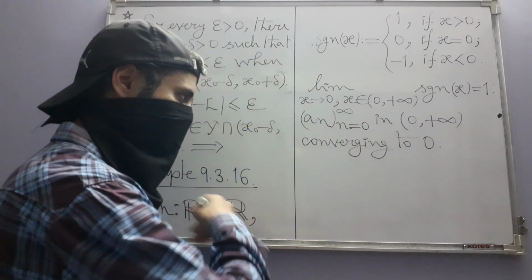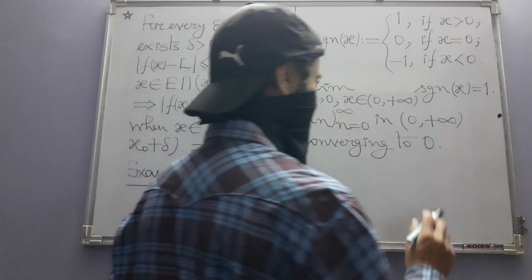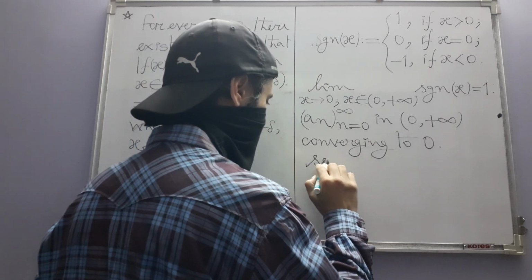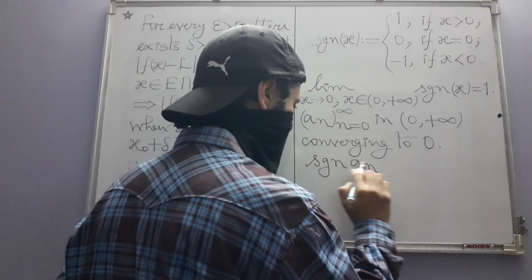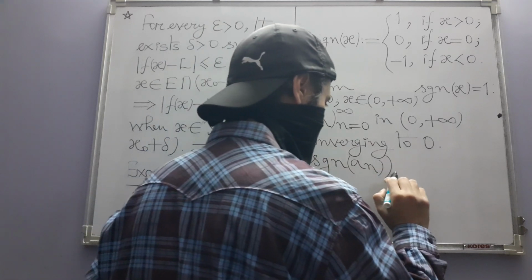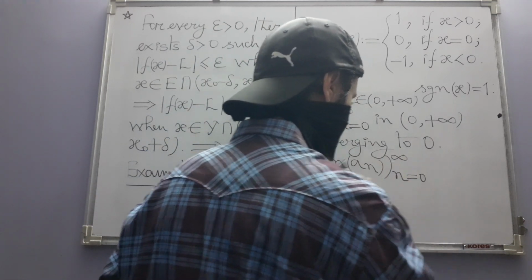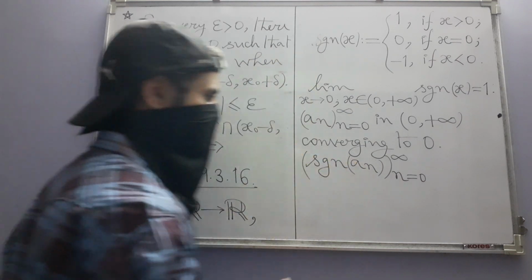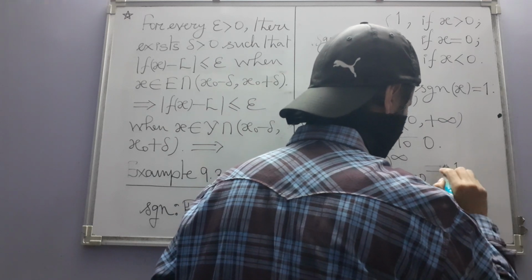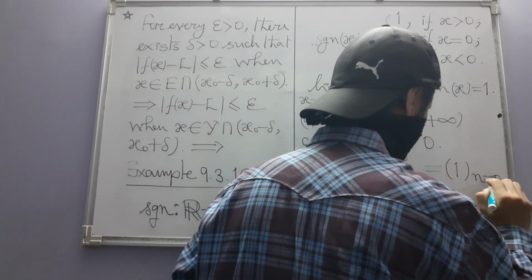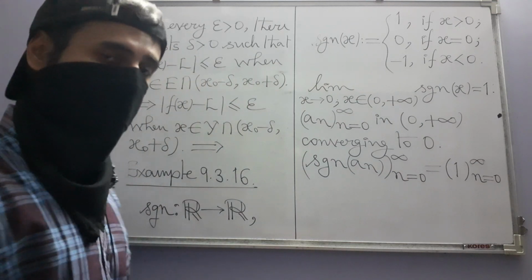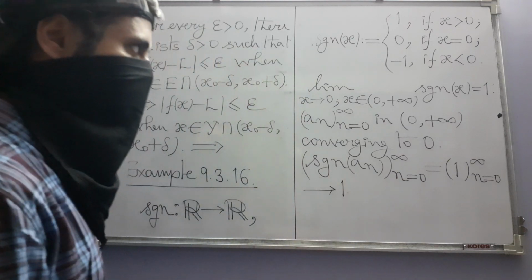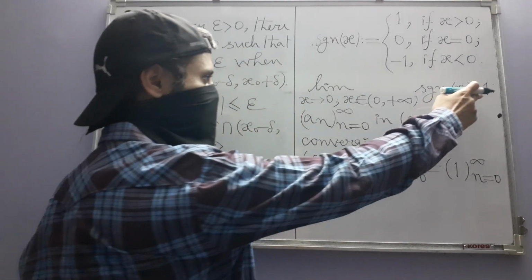But there will be many such sequences. Now what about this sequence? Because all the an are positive, this sequence will be the constant sequence, all of whose terms are equal to 1, and that of course converges to 1. So by proposition 939, the limit is 1.